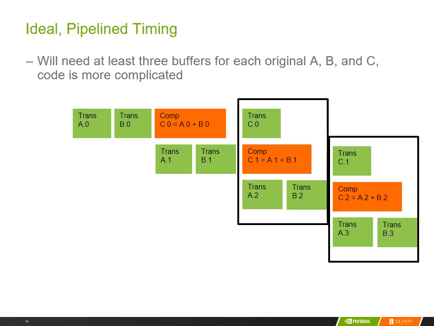We need to mix A2 and B2 with the compute, so we need more than 2 chunks in each iteration, and we will leave the code as an exercise for the students.